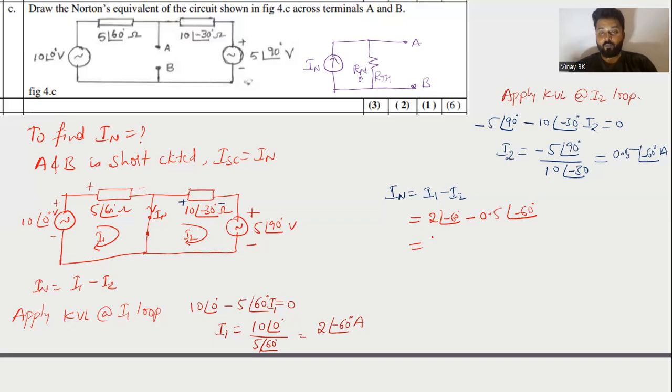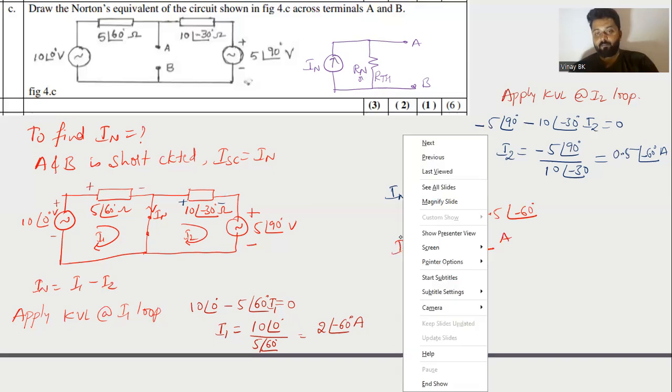So you get 1.5. IN is 1.5 at an angle of minus 60 degree amperes. This is IN.